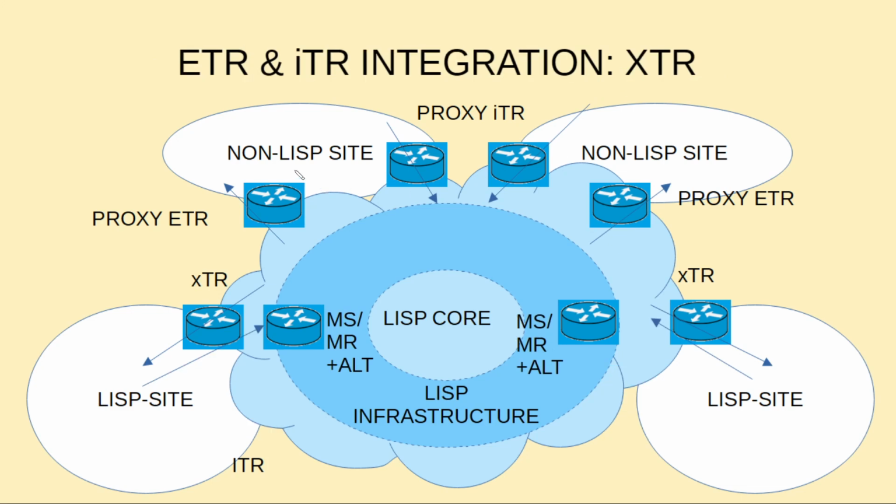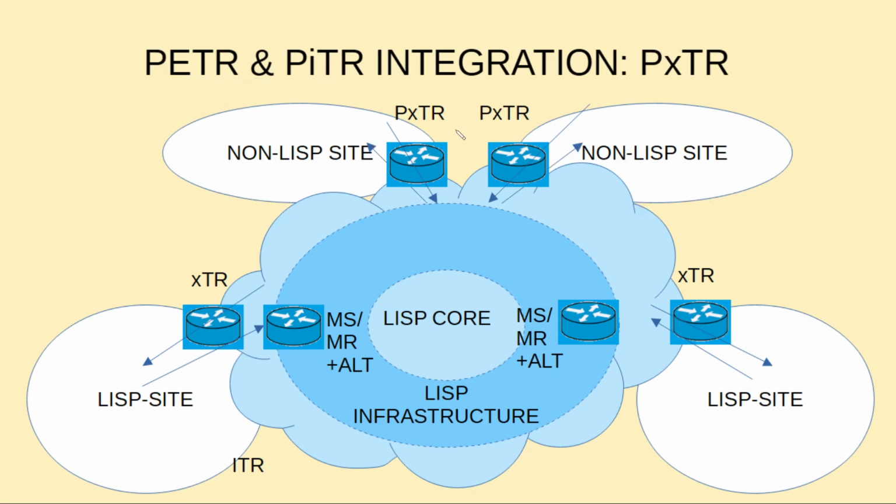In the same manner, for these devices that connect LISP sites to the LISP core, if they are performing both functions as ETRs and ITRs, we can call them XTRs. In the same manner, for proxies, if they are moving ingress traffic and egress traffic, they are performing both functions, proxy ETRs and proxy ITRs. So we can call them, in that case, PXTRs.